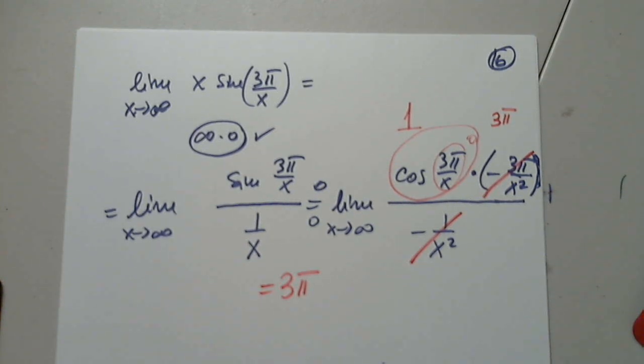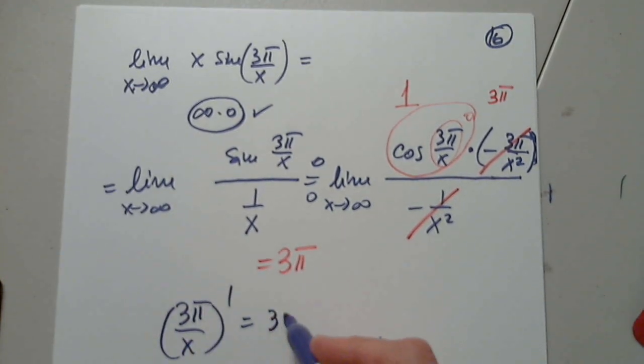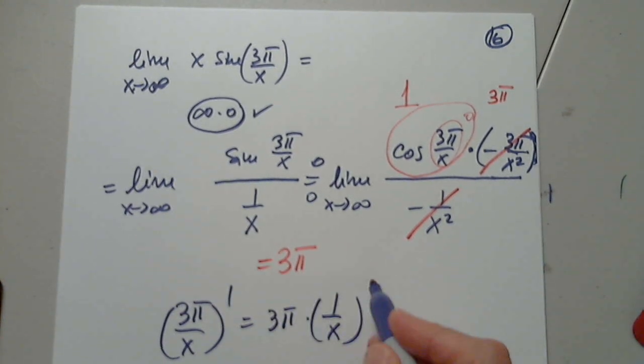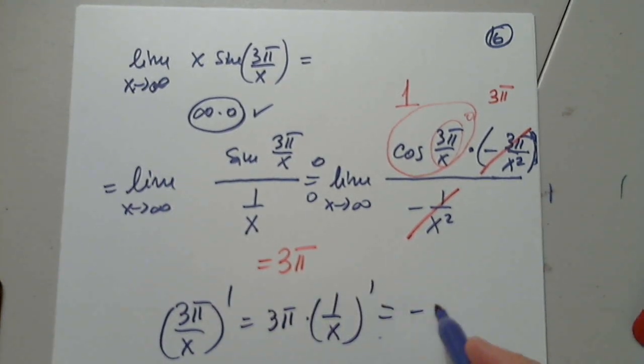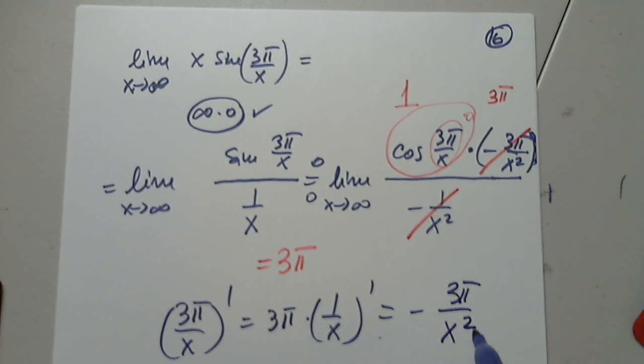Yeah, I was struggling to differentiate the inner function. I was blanking. Yes, so when we differentiate 3 pi over x, we say 3 pi times 1 over x prime, which is negative 3 pi over x squared.